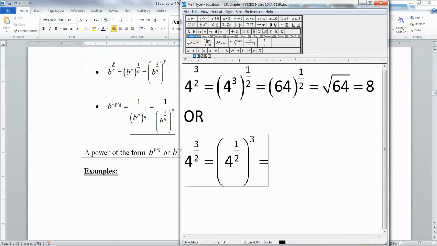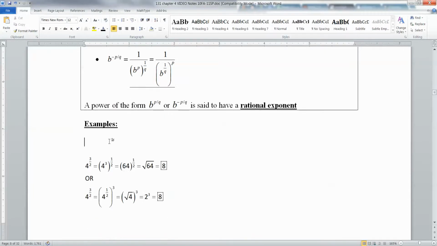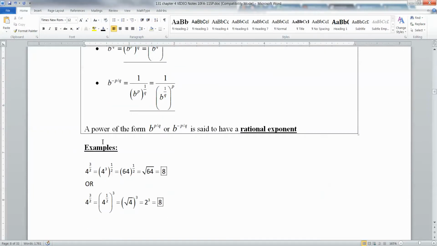Okay, which is now 4 to the half, the square root of 4, and you're raising it to the third power, which is 2 to the third, which is 8. Right? So either way you get 8, it's just a question of, do you take the power first or do you take the square root part first? But you get the same answer either way. Good?